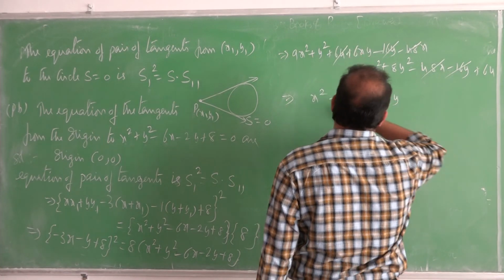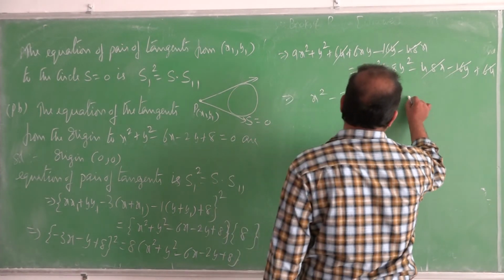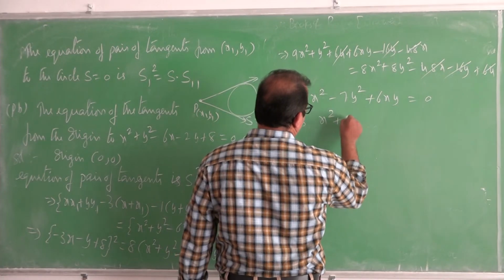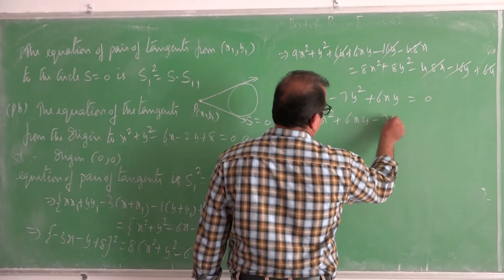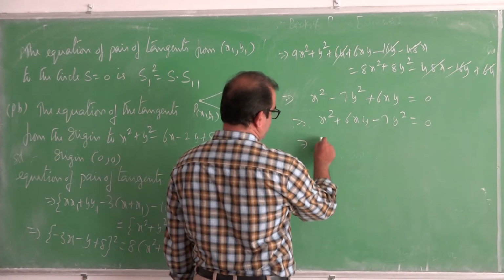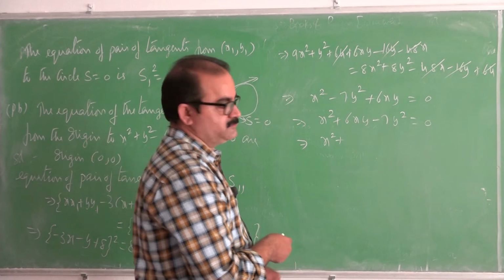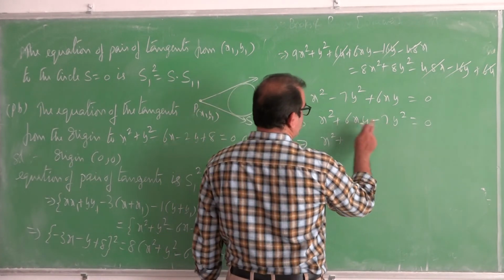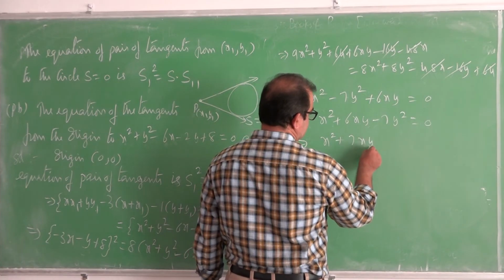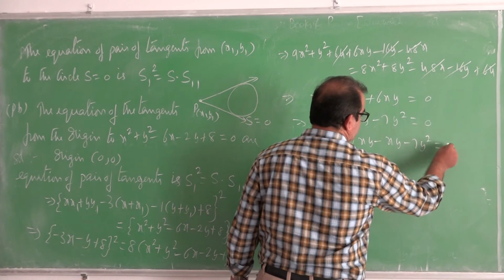Here also 64 cancels, is equal to 0, or it is x square plus 6xy minus 7y square is equal to 0. Factorize this: 7 into 1 is 7, 7 minus 1 is 6, so it is taken as x square plus 7xy minus xy minus 7y square is equal to 0.